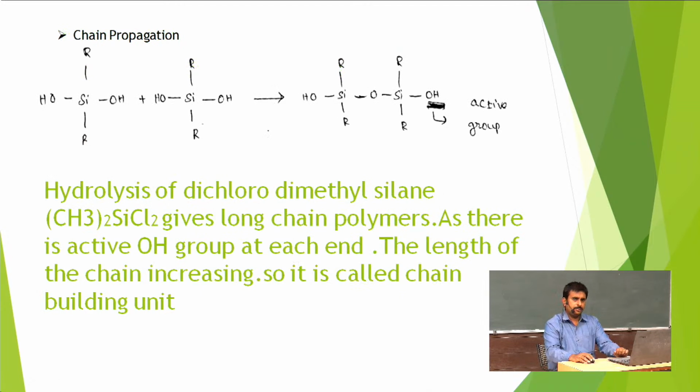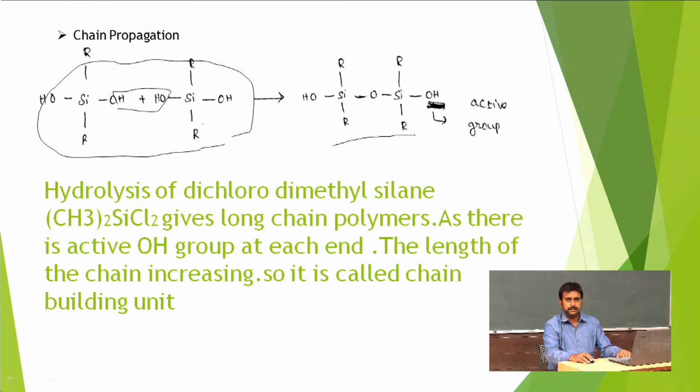So we have obtained hydroxysilane, and these hydroxysilanes react together to release an H2O molecule, and in this way we obtain a higher molecule. These monomers are reacting and we are getting a polymer.